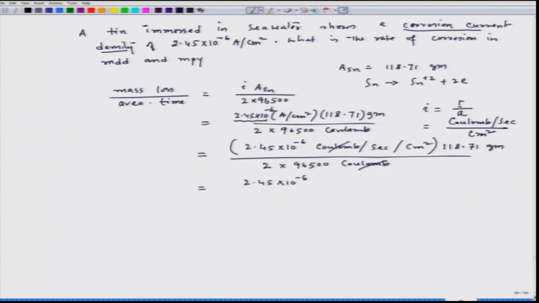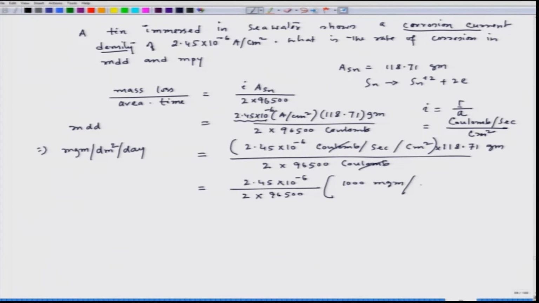Then 2.45 into 10 to the power minus 6 divided by 2 into 96500, and now I will convert the units because it is in MDD, which is milligram per decimeter square per day. So, this becomes gram. So, I have to convert this gram into milligram. So, 1000 milligram divided by second, I have to convert into days.